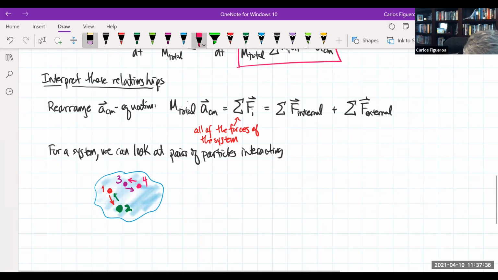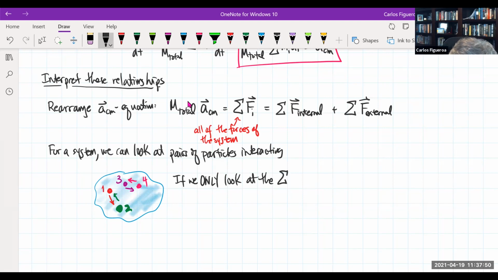And what that tells us here is that if we only look at the sum of internal forces, Newton's third law says they all sum to 0.